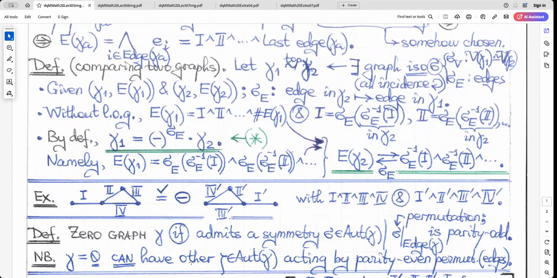Okay. We have a graph and an ordering of edges. We have a graph which is topologically the same and an ordering of edges. We must learn how to compare these graphs. And we do it like this. Suppose, without loss of generality, that here the edges are somehow enumerated 1, 2, 3, last. And suppose, without loss of generality, that the ordering is 1, 2, 3, 4, 5.